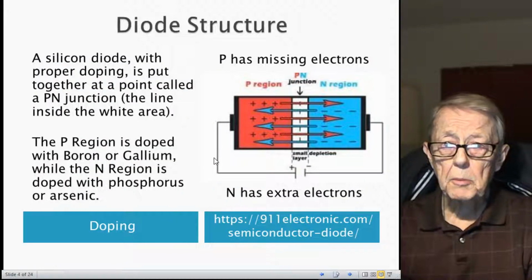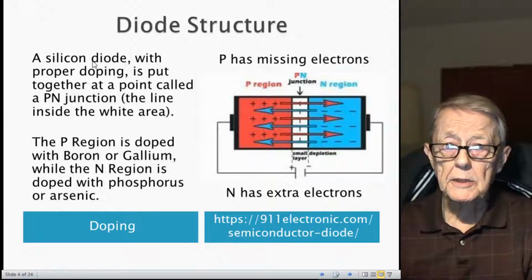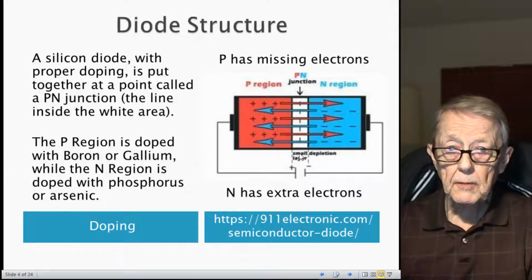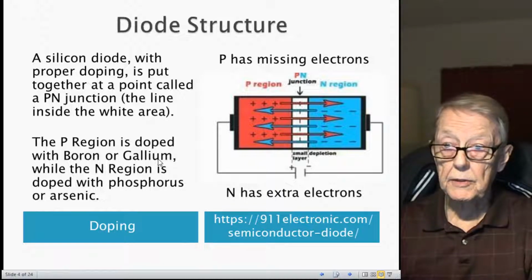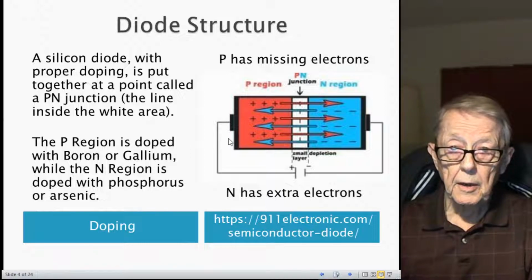Okay, we're going to talk about the diode structure, and we're going to be talking about a silicon diode with proper doping, put together at a point called a p-n junction. This is the junction. The p region is doped typically with boron and gallium, although I'm sure there are lots of different materials they use to dope the diode material.